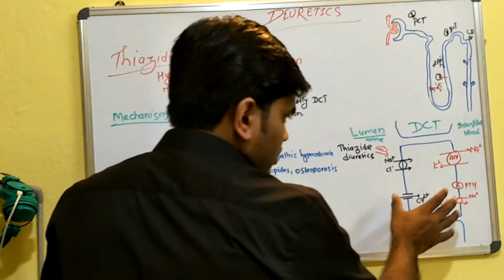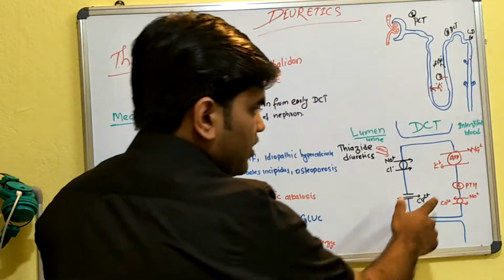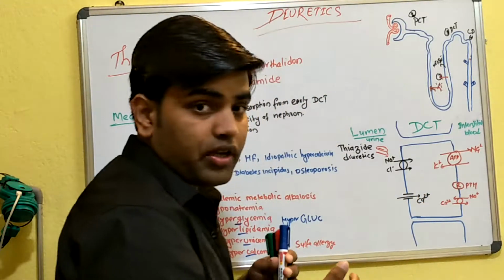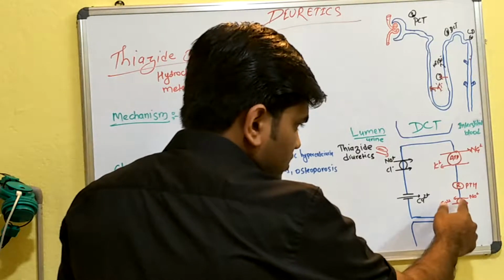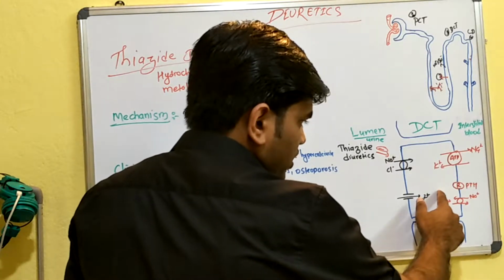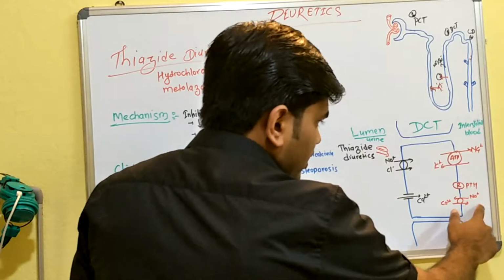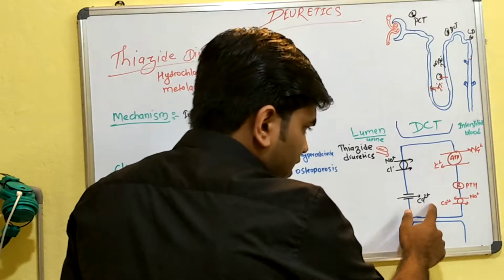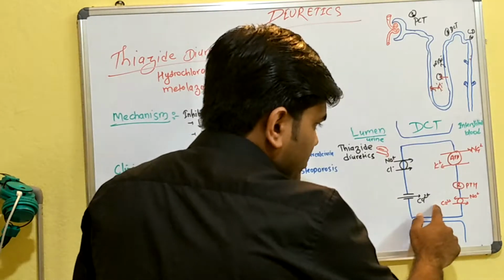Okay, so in the presence of parathyroid hormone, if you are not using diuretics, this exchanger activity increases. That means that calcium is pumped out more and sodium comes in. Since calcium is pumped out more from the cell into the blood, there will be a lack of calcium in the cell, and that drives the calcium channel to act more, so more calcium is absorbed.